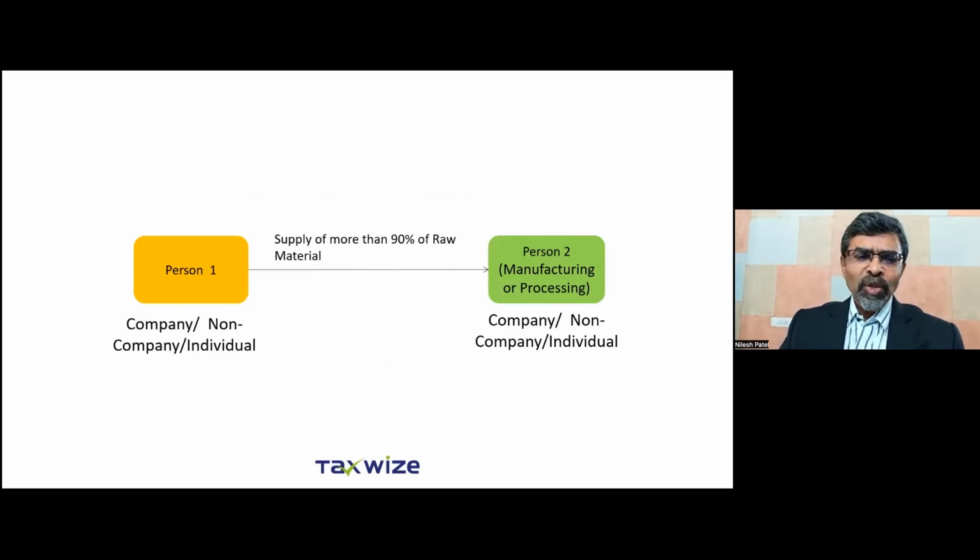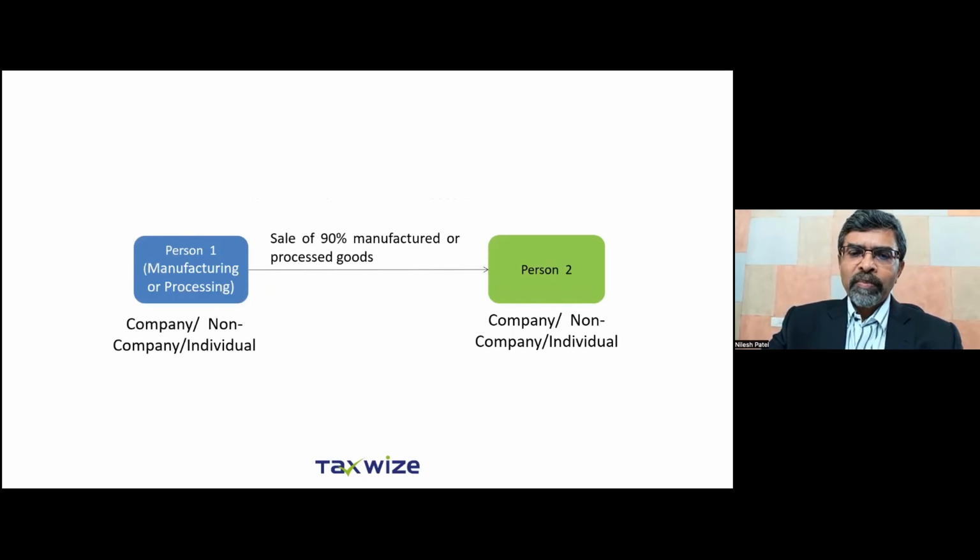This is a similar situation in which person 1 supplies more than 90% of raw material required by person 2 who is into manufacturing or processing. Person 2 is heavily dependent on person 1. So person 1 can be said to have control over the business of person 2.